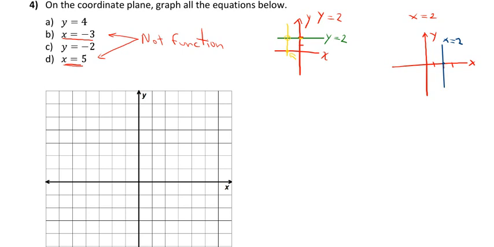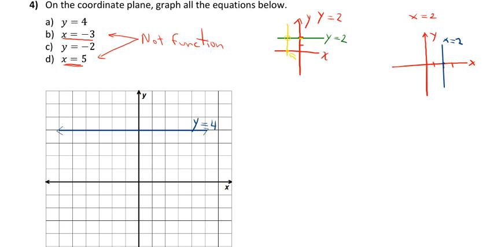So if we do it very quickly here, y is equal to positive 4 is going to intersect y at 4, and therefore it has to go horizontally, so it's like this. So this would be y equal to 4, and then we have x is equal to -3.